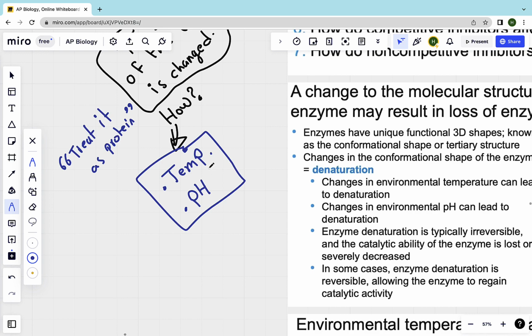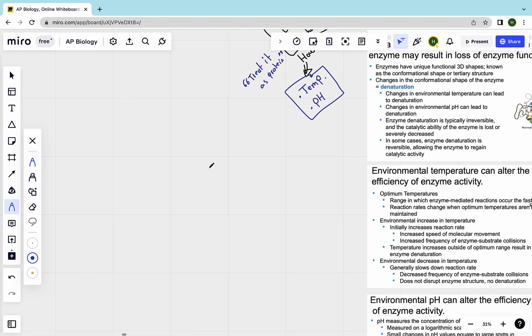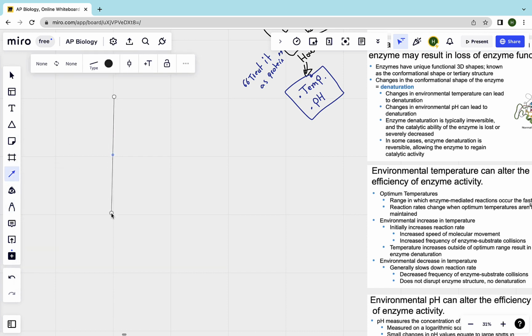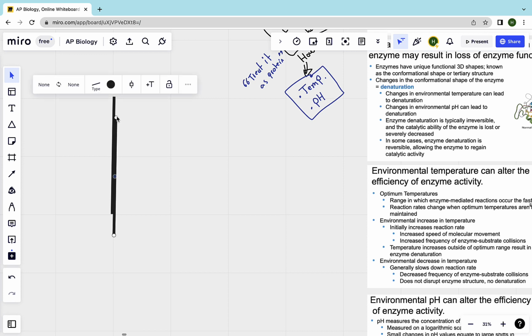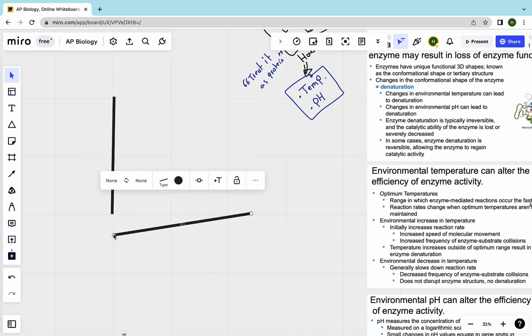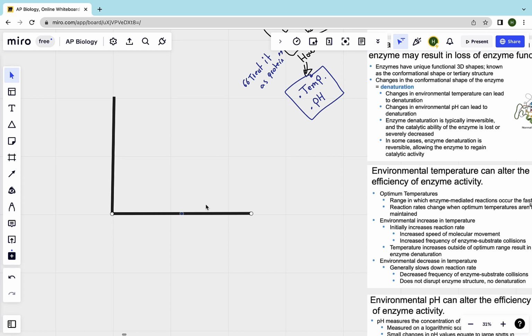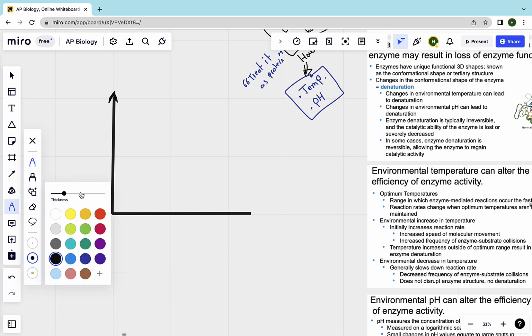So, what happens at high temperature? I'm drawing a graph here that represents enzyme activity as a function of temperature. The main idea of enzyme activity, you will see that physics is everywhere in life.